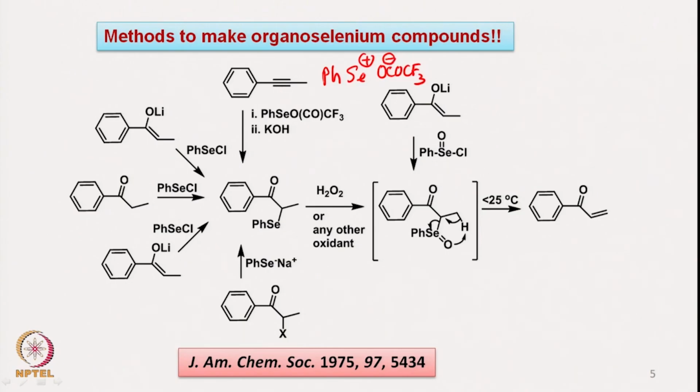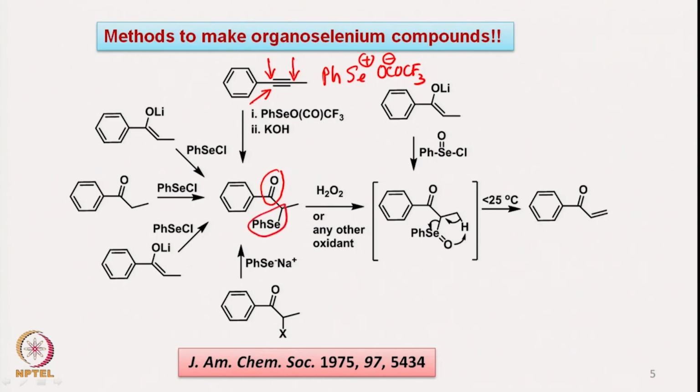When this triple bond reacts with the selenium, it reacts in a Markovnikov fashion, and therefore the positive charge is formed on this particular carbon atom and the selenium comes onto this carbon atom, and then potassium hydroxide attaches to this end of the triple bond, and finally the carbonyl group comes in here and the selenide comes in here.